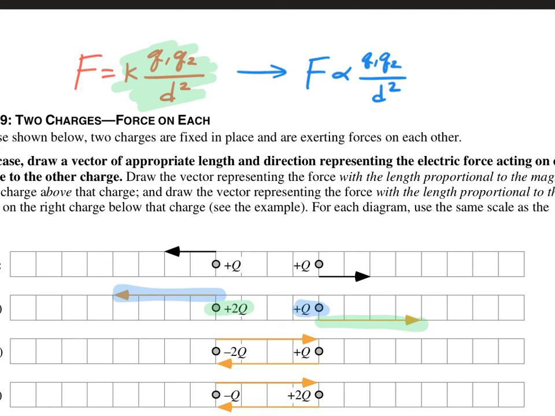So now, if I have a charge product with magnitude 4, well, if magnitude 1 in the example is 2 squares wide, what's a magnitude 4 force going to be? Because it's still the same distance as the example. 8.